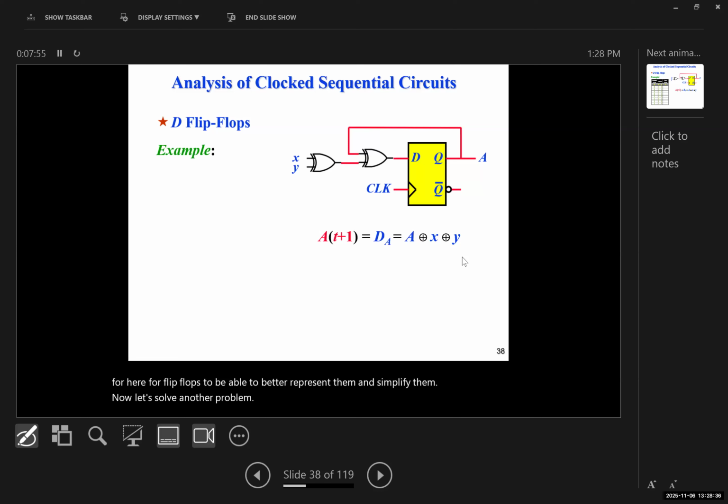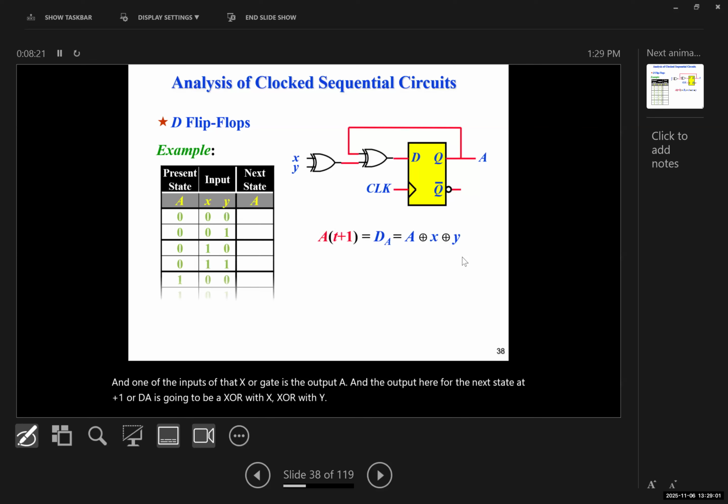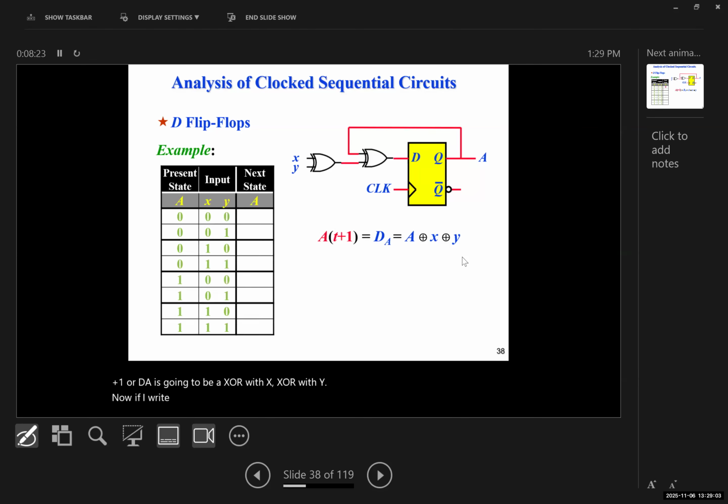Example. So for example, a D flip-flop is connected to an XOR gate, and the input is connected to another XOR gate. And one of the inputs of that XOR gate is the output A. And the output here for the next state, A(t+1) or DA, is going to be A XOR X XOR Y. Now, if I write the truth table for this, let's complete this together.